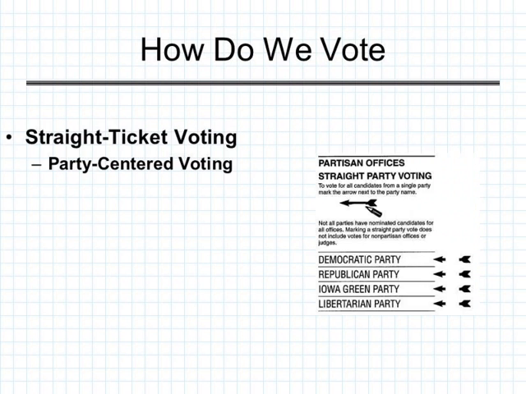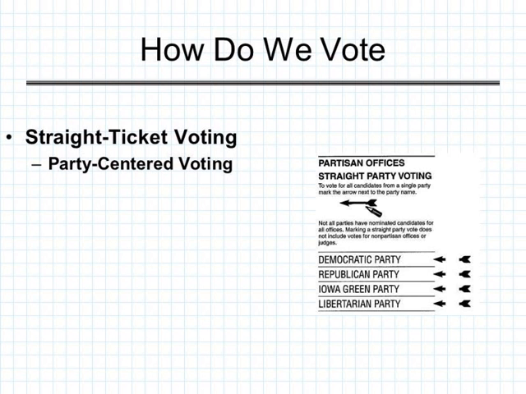The first type of voting I want to talk about is what we call straight ticket voting. And straight ticket voting is when you take your ballot, and instead of going down your ballot and saying, I want to vote for a Republican for president and a Democrat for the U.S. Senate and a Libertarian for Congress and maybe a communist for school board, instead of doing that, what you do is on your ballot, as you see here on the screen, you simply circle or make some mark next to the name of one particular party.